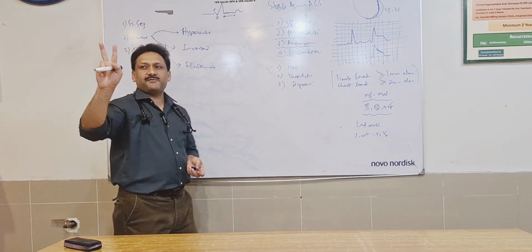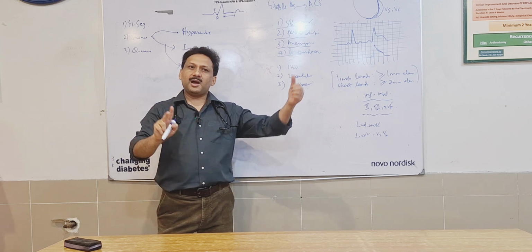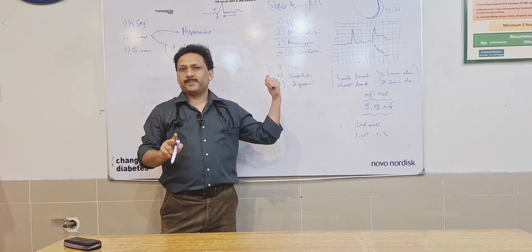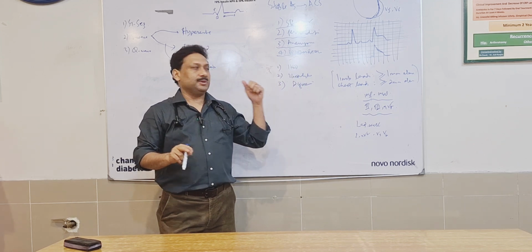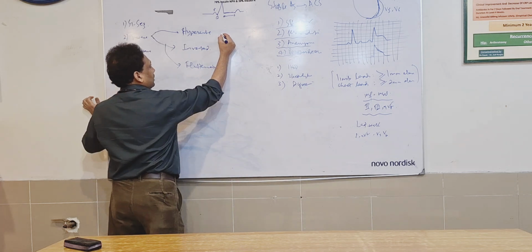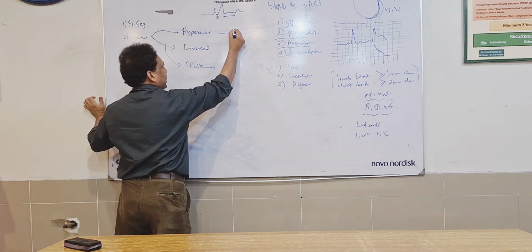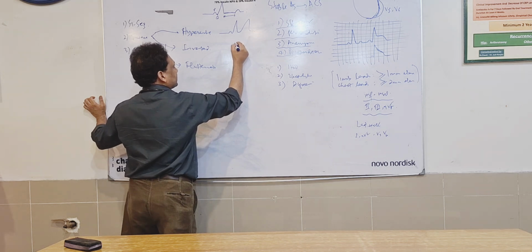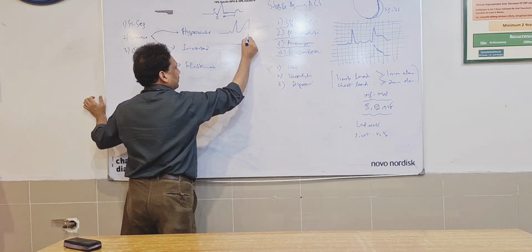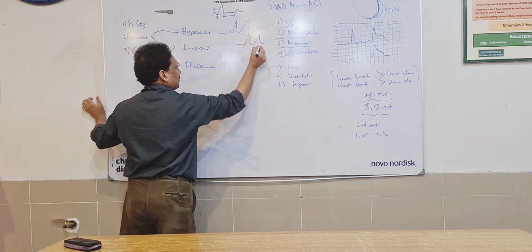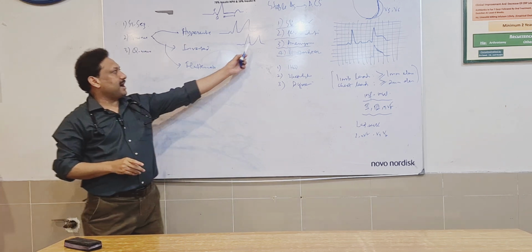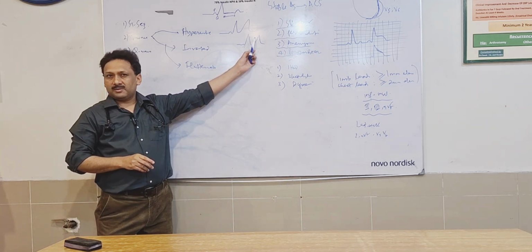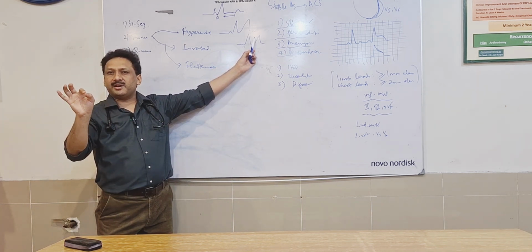Hyperacute T waves are of 2 types. One I have already showed you, and the second one I'll be showing you now. So one is like that, but one is of this shape. There is a tent formation, tall and tented.